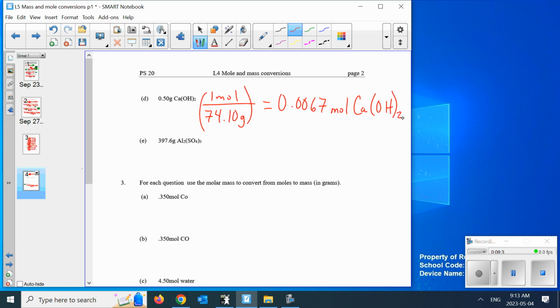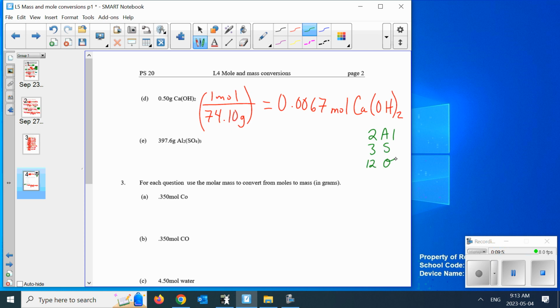The next one, I'll actually show the scratch work because there's a chance. 2 Als. There is 3 groups of S because SO4 3 times. And 3 times 4, 12 groups of oxygen.